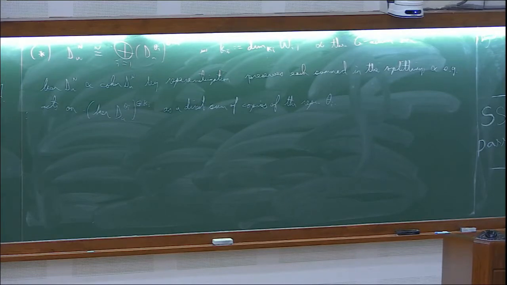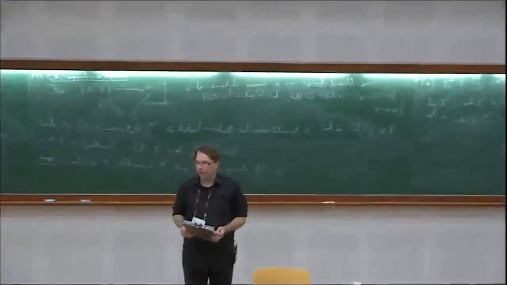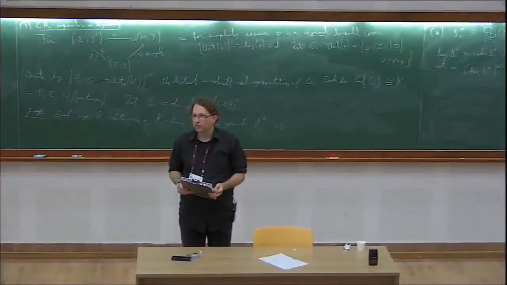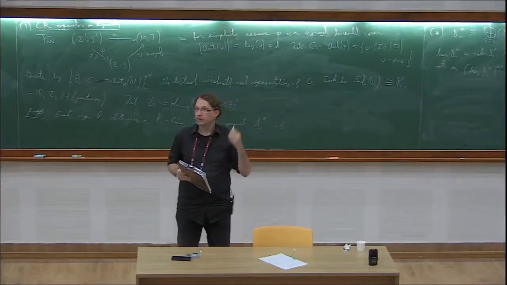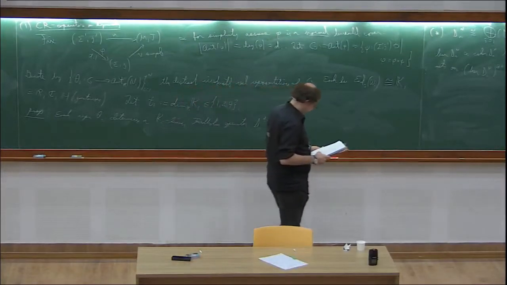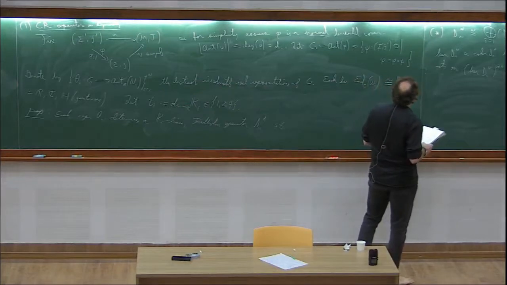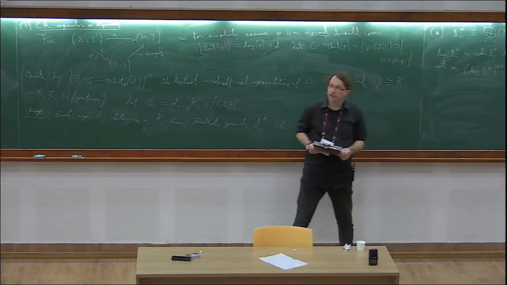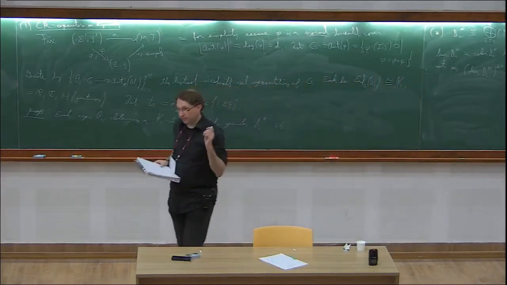Its kernel and co-kernel are finite dimensional. That's the main thing I care about. I'm talking about a splitting of bounded linear operators on Banach spaces. Yeah. No, they are finite dimensional.